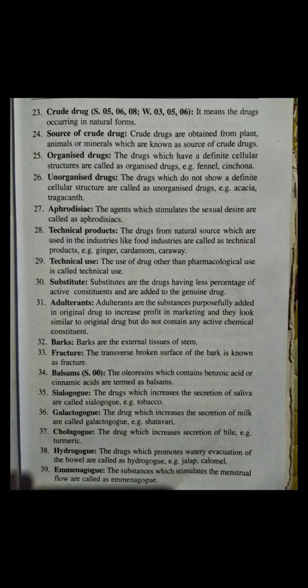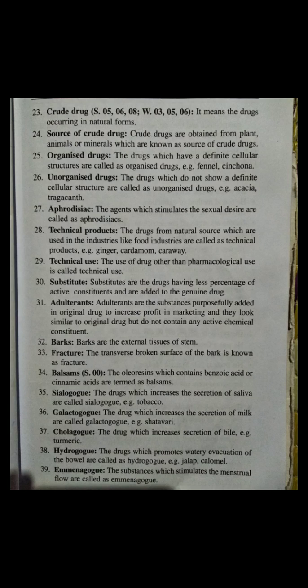Then next is organized drug. The drugs which have definite cellular structures are called the organized drugs. And unorganized drugs are the drugs which do not show a definite cellular structure. Organized drugs, for example, cinchona, and unorganized drugs are acacia and tragacanth.